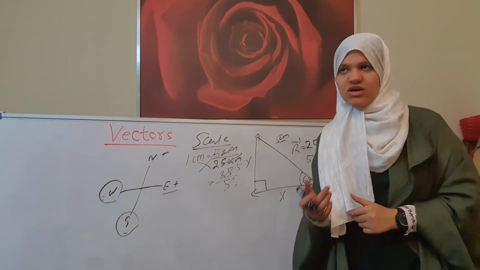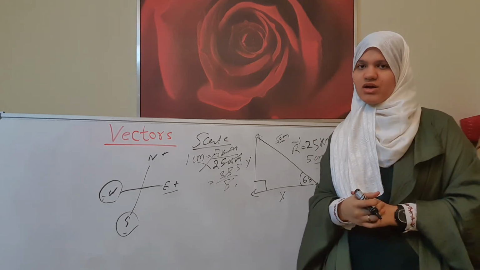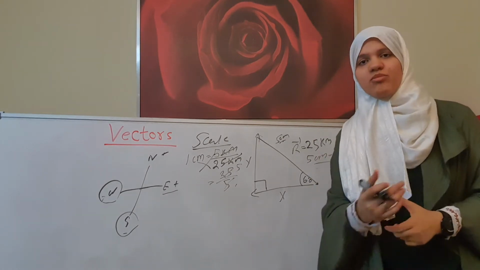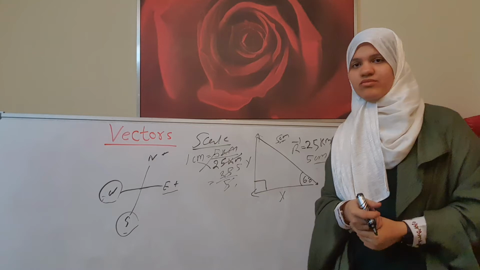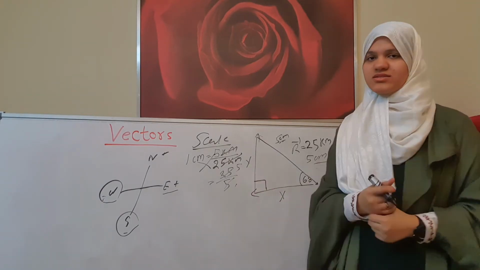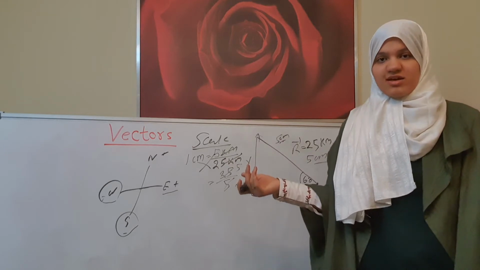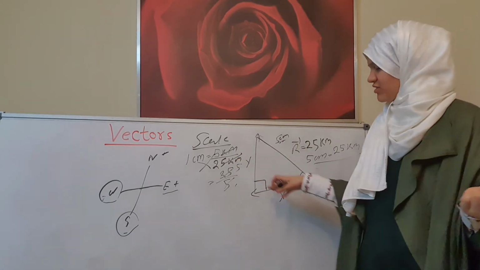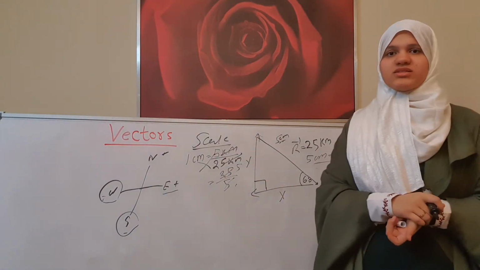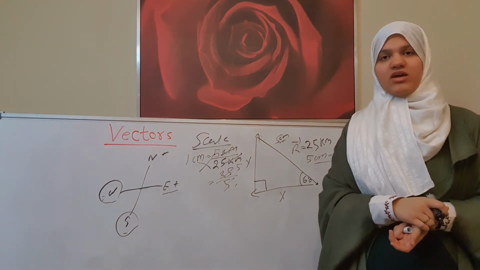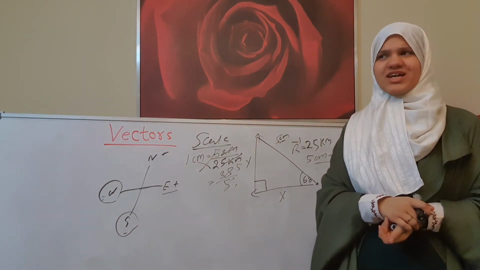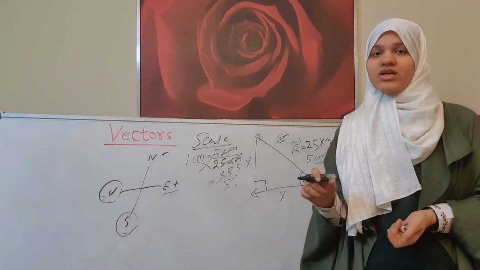If I told you to find the horizontal component of this diagram, what would we find, y or x? The horizontal. Of course x, that means the adjacent. And if I tell you to find the vertical, that means y. Now we know vertical means the opposite for the degree.